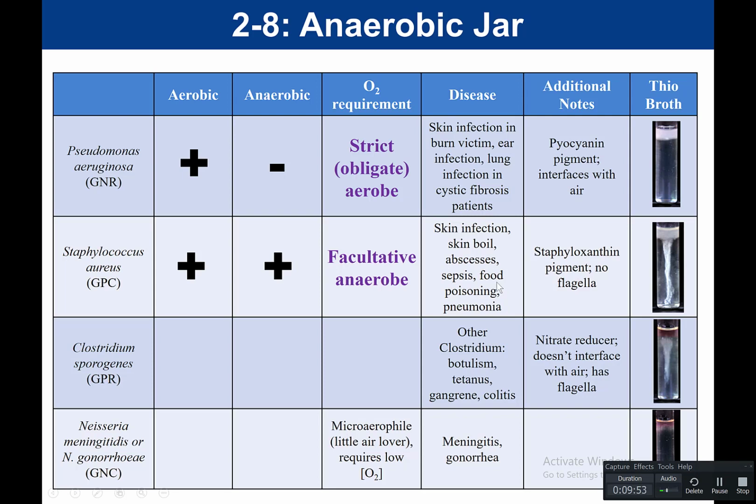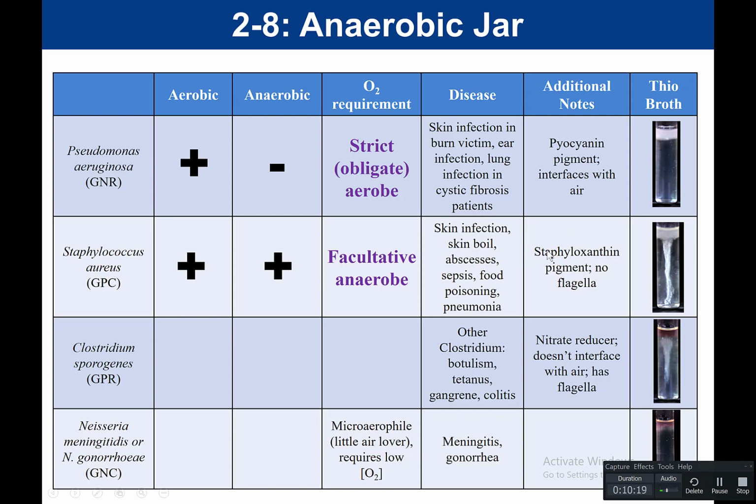Most people don't think of food poisoning as being caused by Staph aureus, but it can be. Staph aureus can also be the cause of pneumonia. And so those are some of the diseases that are associated with Staph aureus. We will learn a lot more about Staph aureus in our last unit in lab.